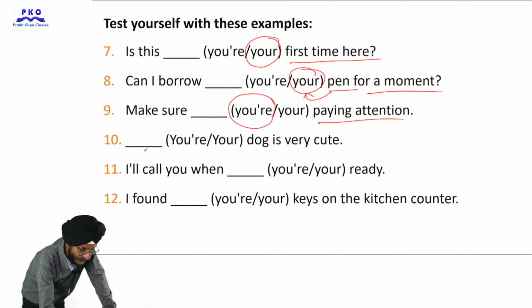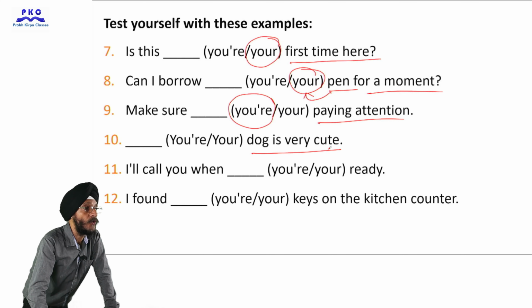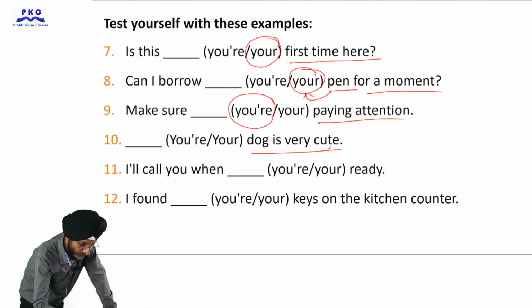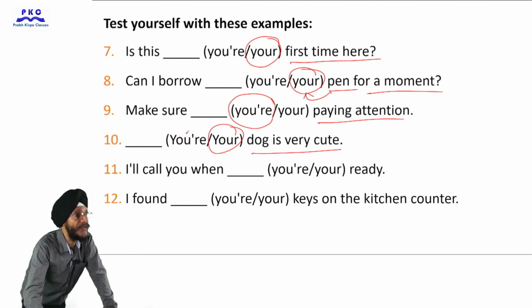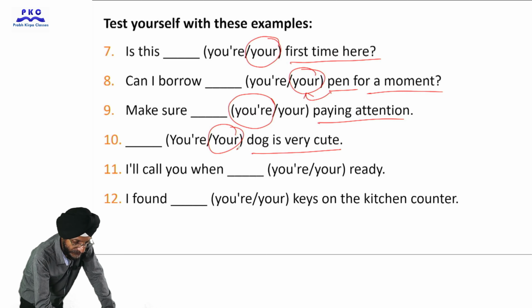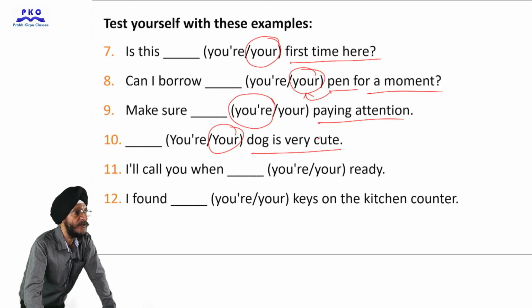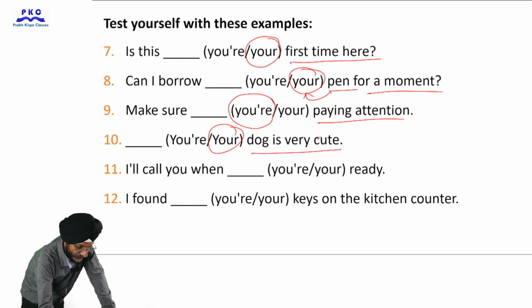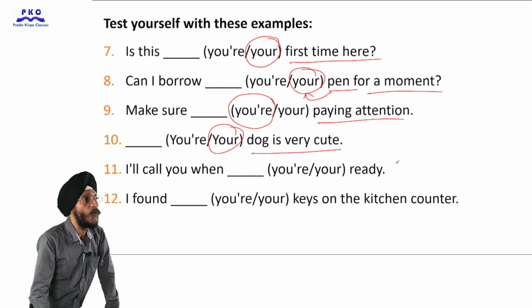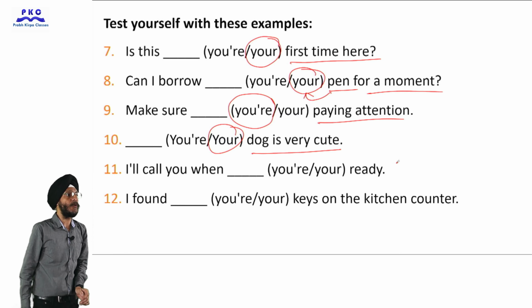Next, dash dog is very cute. Dog belongs to someone. Here in this case it is you. So your dog is very cute. We cannot say "you're dog is very cute." It is wrong. I will call you when dash ready. There is no item which may show ownership or possession.